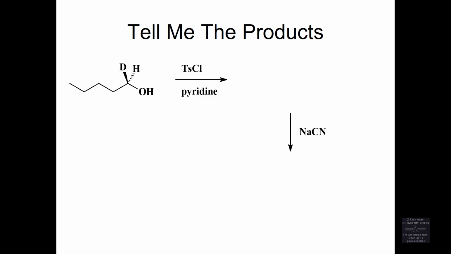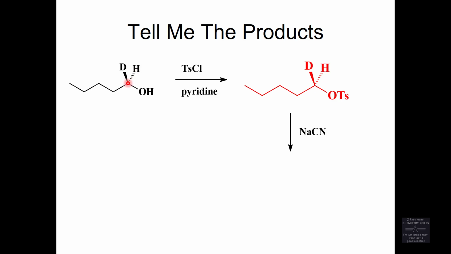Well, let's put it into practice. When I add this alcohol to this tosyl chloride with pyridine, what do I get? I get a tosylate. That H left, that Cl left, Ts took the place of the H. Tosylate. You are responsible for that mechanism.